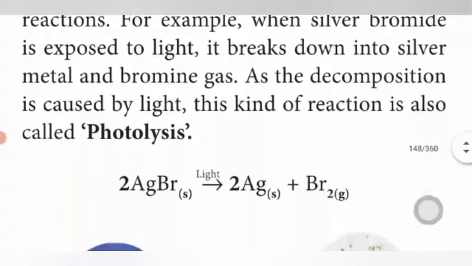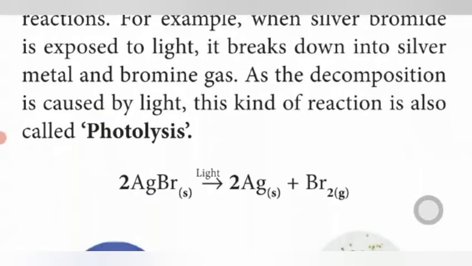For example, silver bromide, formula AgBr, absorbs light energy. The bond is broken, giving metal silver and bromine gas. This process is called photolysis, that is, decomposition caused by light. So this kind of reaction is called photolysis.